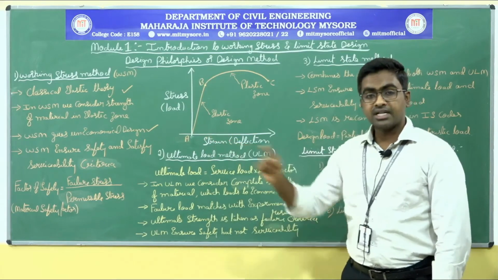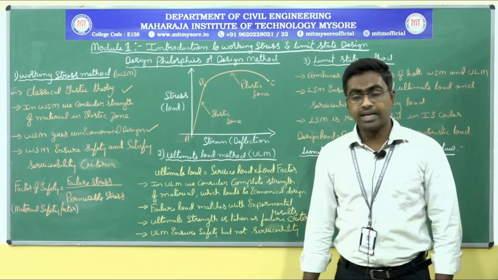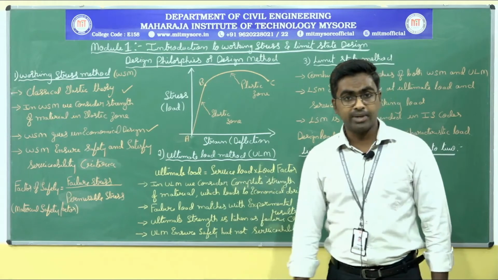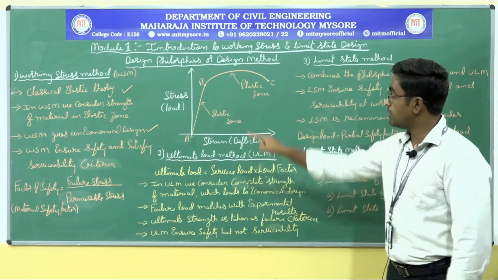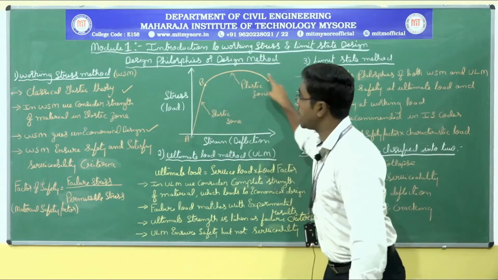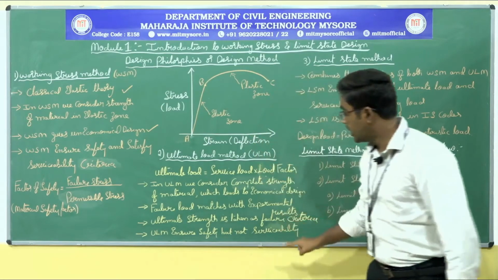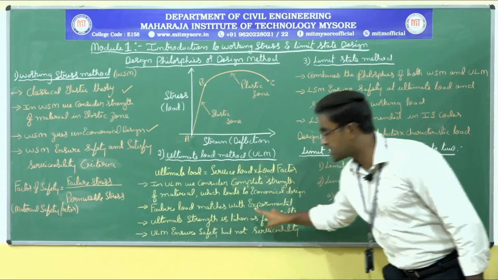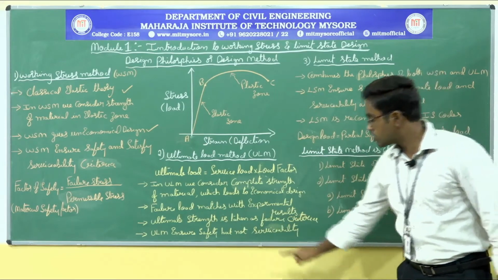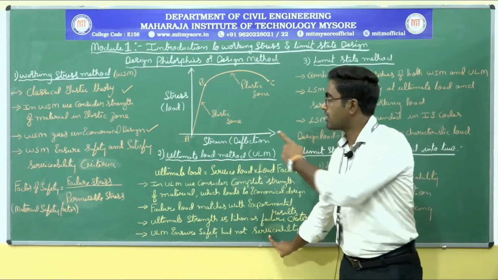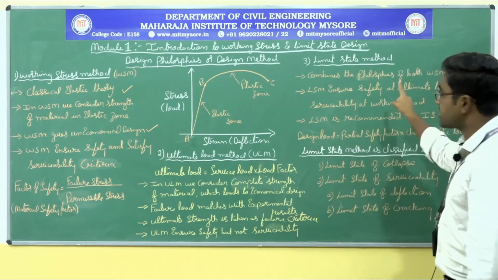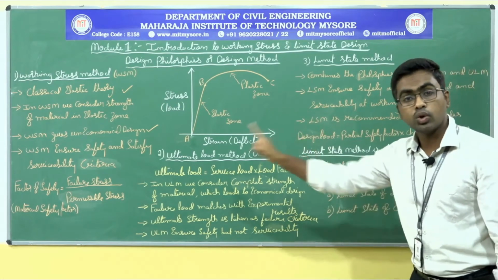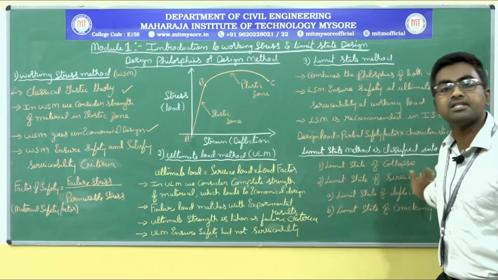In the working stress method, we underestimate the strength of material, which leads to uneconomical design. And in the ultimate load method, we use the complete strength of the material up to the failure point, so that the failure load matches the experimental result, so the serviceability criteria will not be satisfied in the ultimate load method. So in the limit state method, these two demerits are overcome.